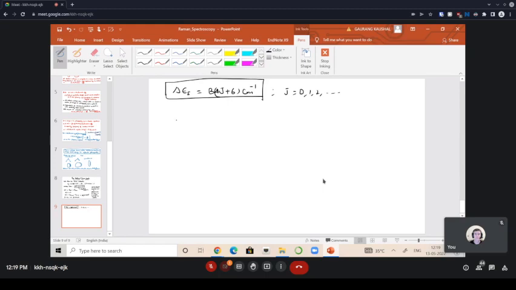Let me just write here: the molecule gains rotational energy from the photon during the collision, as per the quantum theory of light.